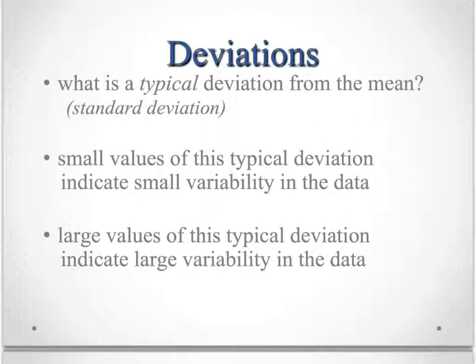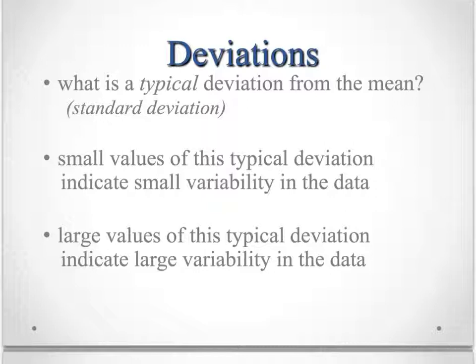Now, when we talk about deviations, let's talk about typical deviations and what that means. So when we get to these numbers, because we'll get a number for variance and we'll get a number for standard deviation, we can start to interpret what that means. Well, typical deviation from the mean is what we're calling our standard deviation.